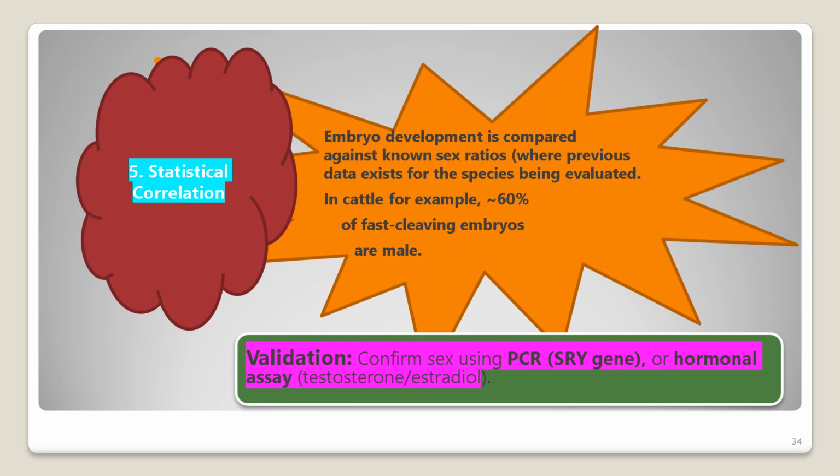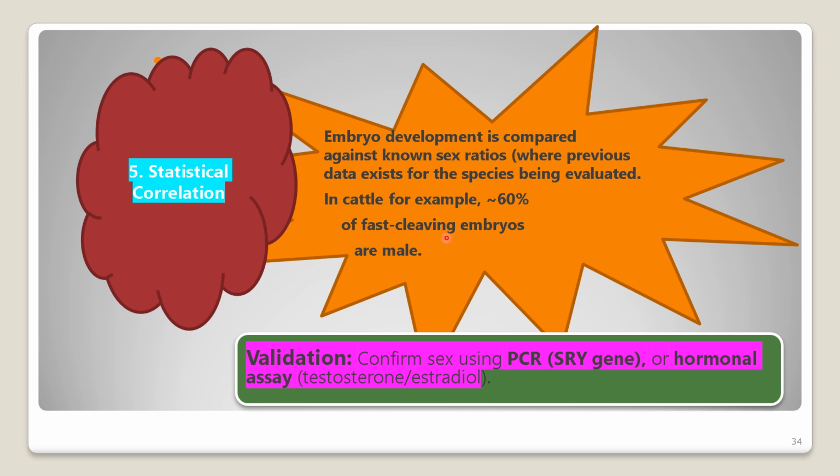We can now carry out a statistical correlation, and this shows that embryo development will be compared against known sex ratios from where previous data already exist. For example, in cattle, about 60% of fast-growing cleavages are observed to be males.